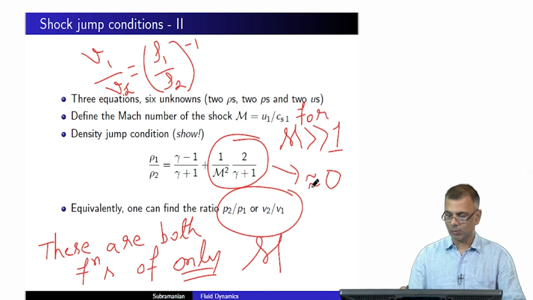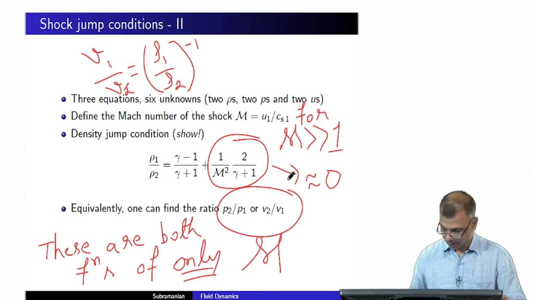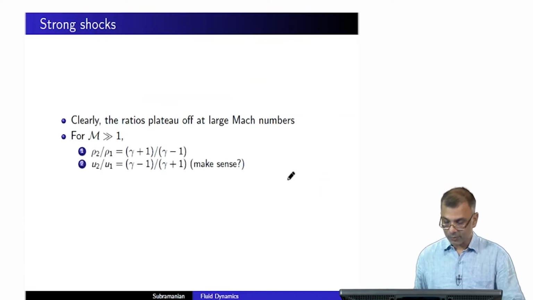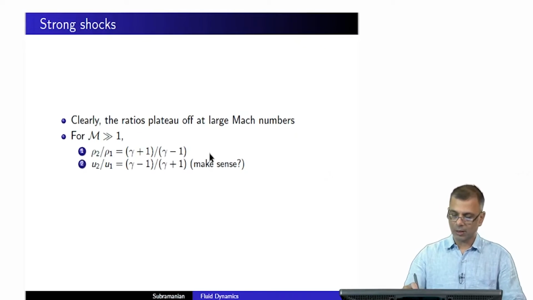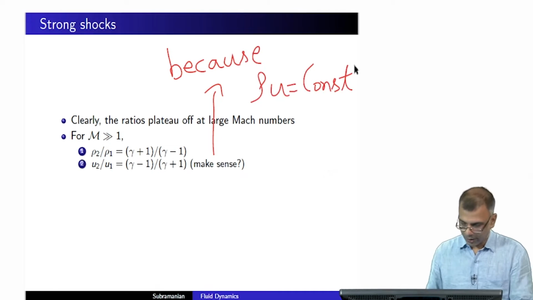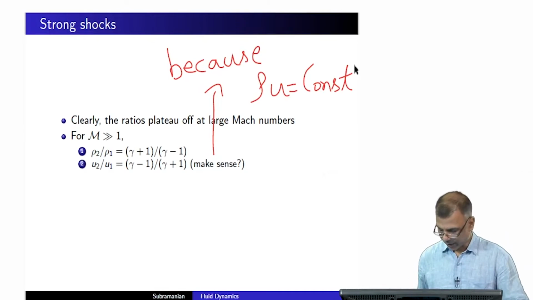For very large Mach numbers, this is essentially equal to 0. Okay, so that is what this is saying. Does it make sense? Of course it makes sense, right? That is why this is the flip of that.